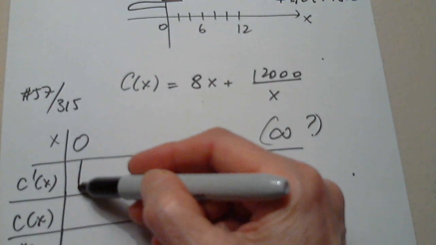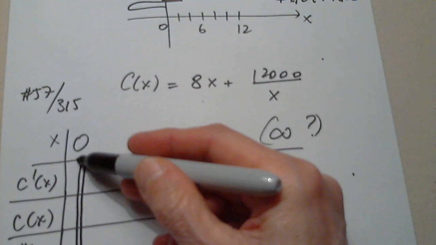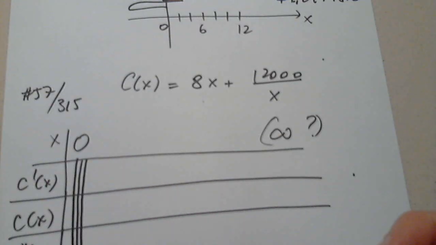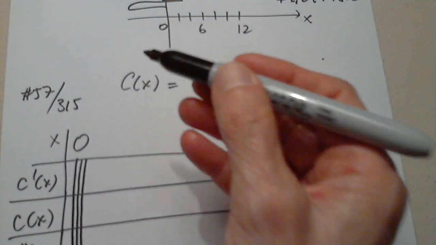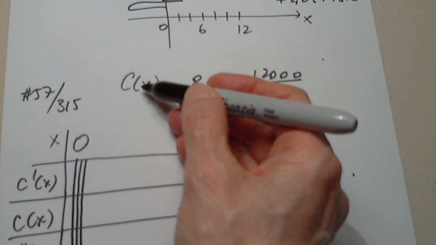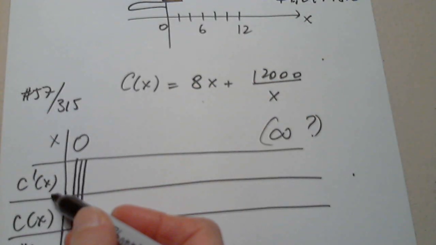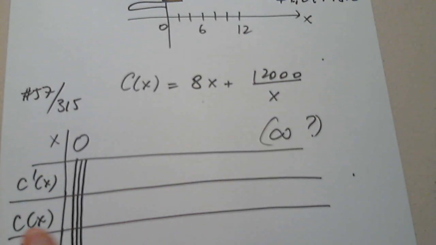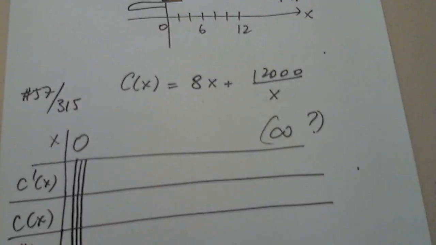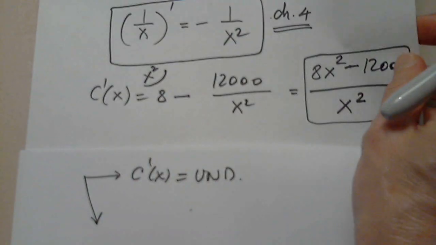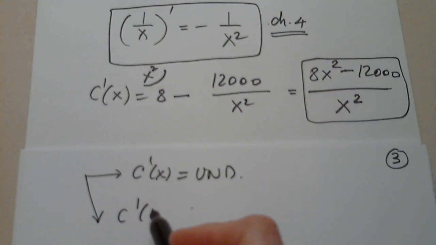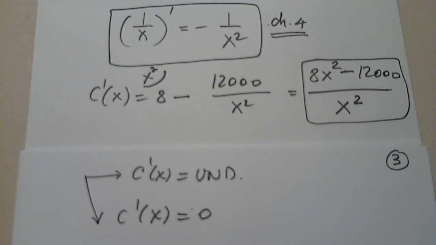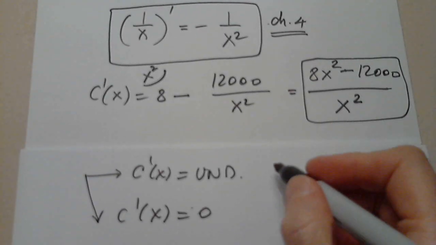So that cannot be a critical number. A critical number requires c prime being undefined where c is defined. But c prime is undefined at 0, but so is c. So there are no critical numbers coming from c prime being undefined. But yes, we have critical numbers coming from c prime equals 0. So I'll say here, no.